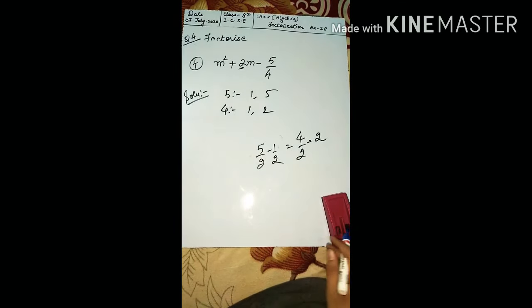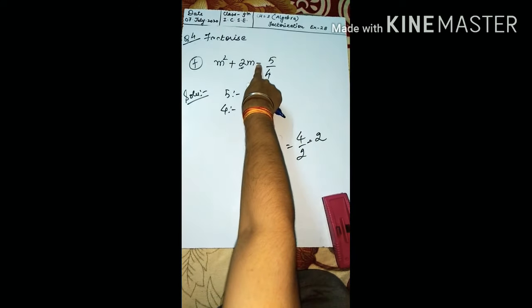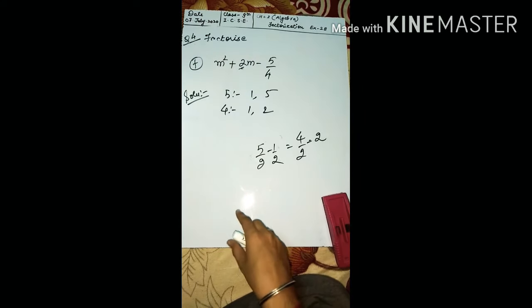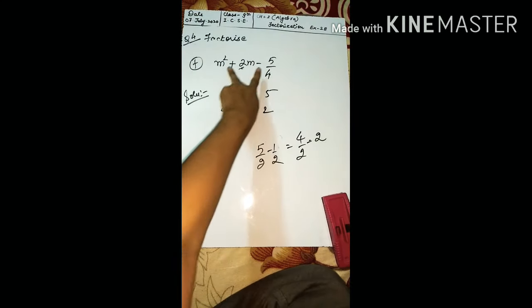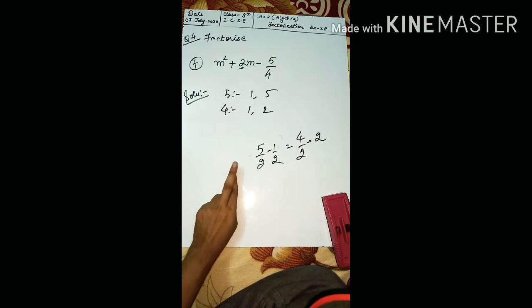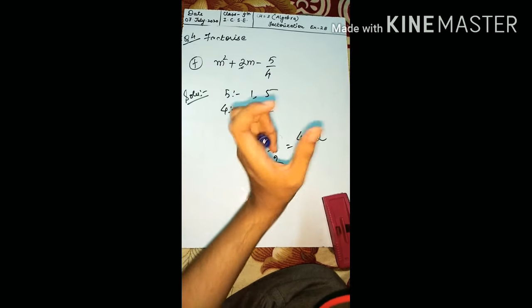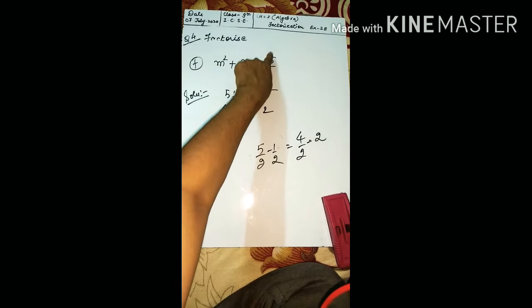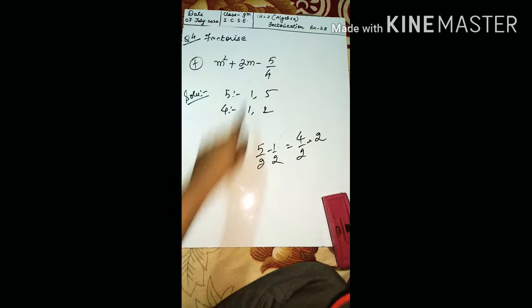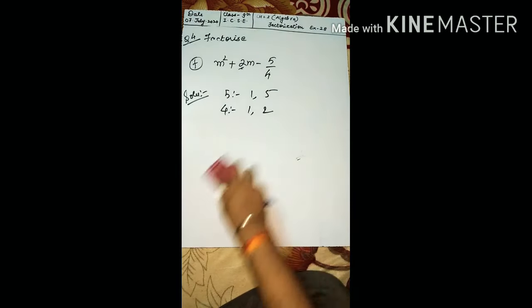So why do you want to subtract? Because whenever you get a minus sign over here, we need to subtract. You know, in the previous question I told you, when you have these two terms with a minus sign, you need to subtract. So one more thing you have to remember: if you have a constant term, and before the constant term you have a minus sign, then also you need to subtract.